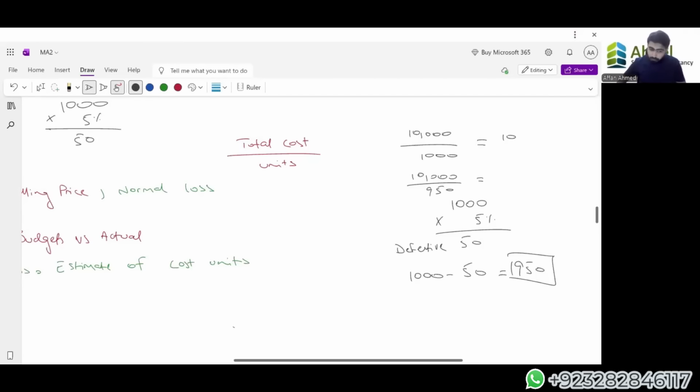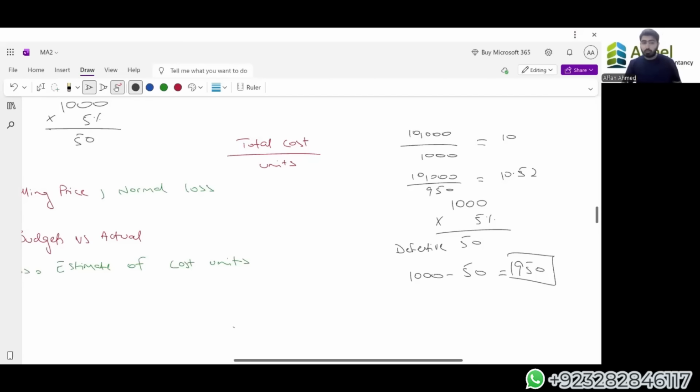And by how much? That's what you have to see. It will not reduce, it will increase by a small portion. So instead of the price being 10, the price will be 10.5. So the 50 units that we were not able to sell, the loss of those units is going to be recovered from the goods that we are going to be able to sell in the market.